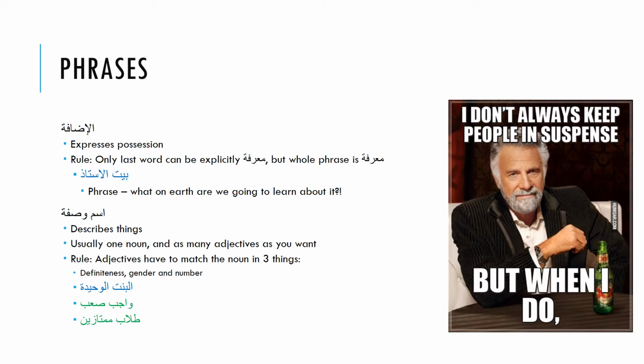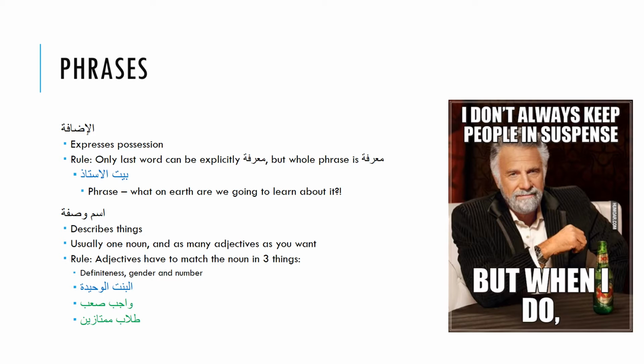They have to match in definiteness, which we're going to focus on today, in gender, and in number. So if we say al-bint al-wahida, that matches in definiteness. They're both ma'rifa. Al-bint al-wahida, they match in gender, because bint is mu'annith, feminine, and wahida has a tamrabuda on it. And number, we're talking about one bint, and al-wahida is singular.